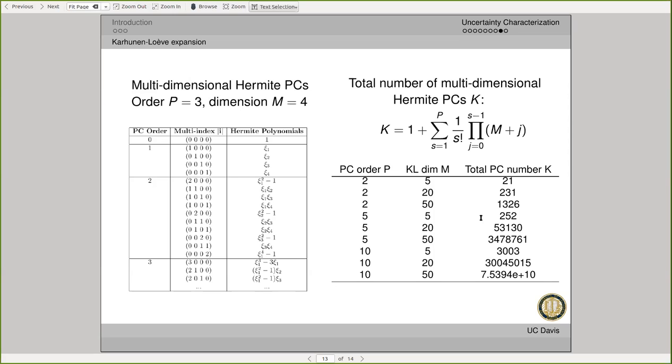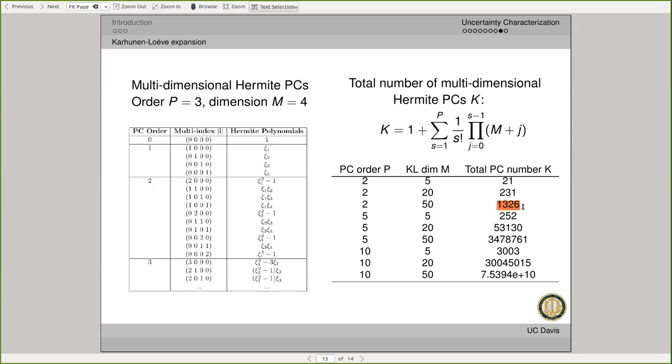But in practice, we wouldn't need to use a full complete Hermite polynomial chaos basis. We generally do some truncation. For example, if I choose a PC order 2 and dimension 15, I don't need to use the full 1300 PC. We might just choose the first 300 or first 200 of the polynomial chaos.